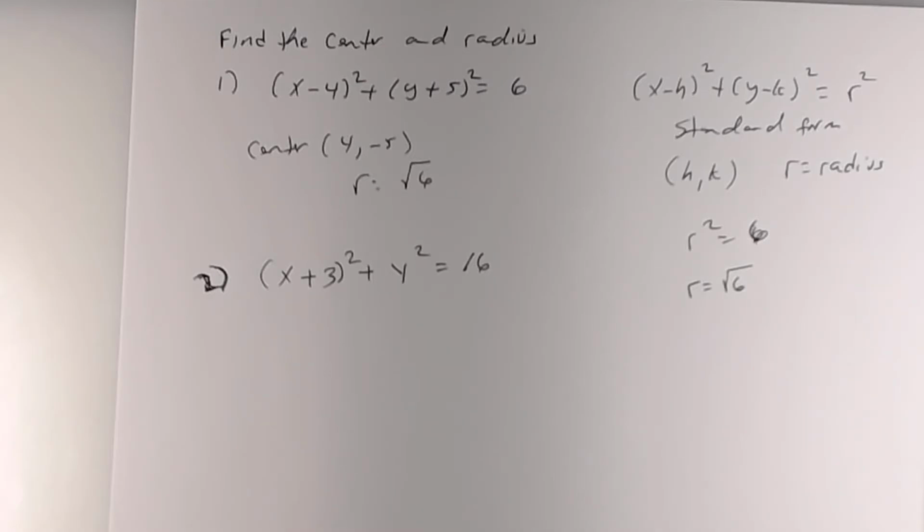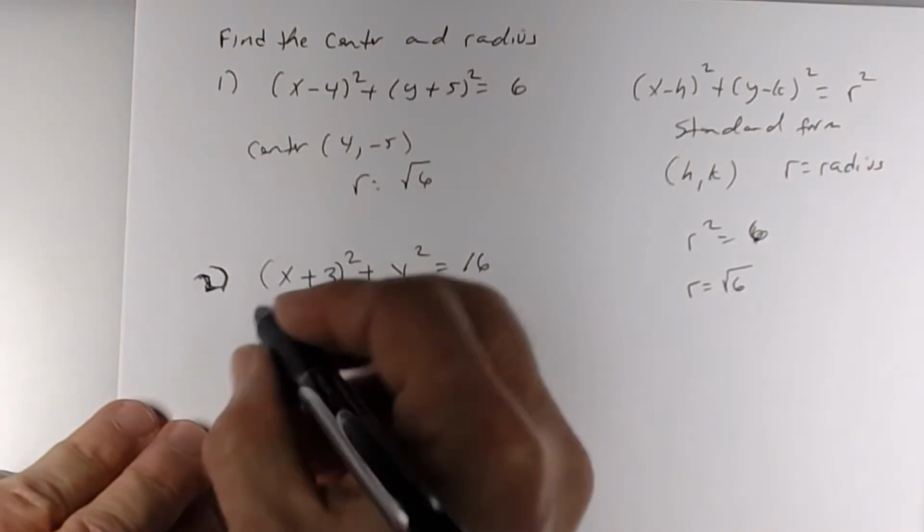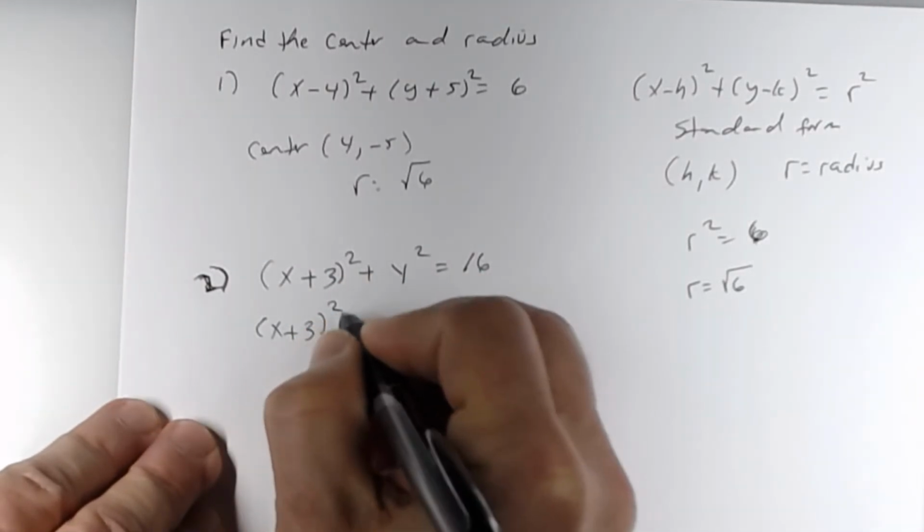I can write y² as what expression? (y − 0)². So if you need to do that, you write it as (y − 0)². You don't have to, but if you need to, you do that.